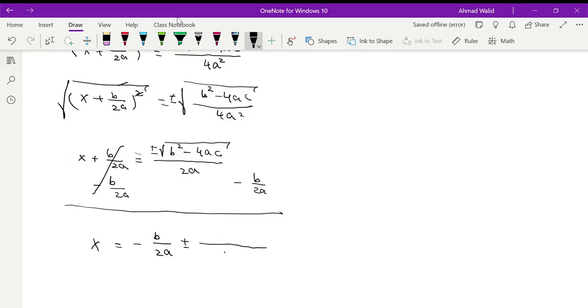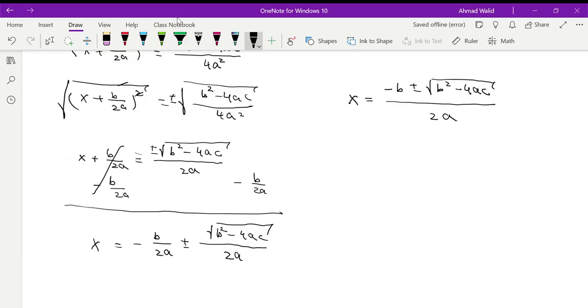Here, denominator 2a, and in the top, you have b squared minus 4ac. To write the right side as one single fraction, you will end up with x equals negative b plus minus square root of b squared minus 4ac over what? 2a.